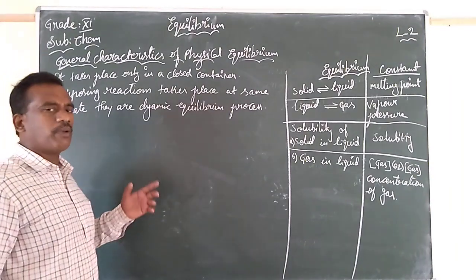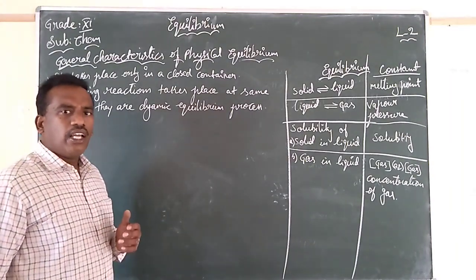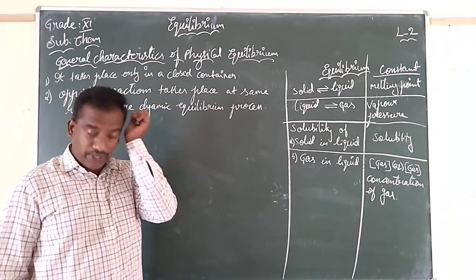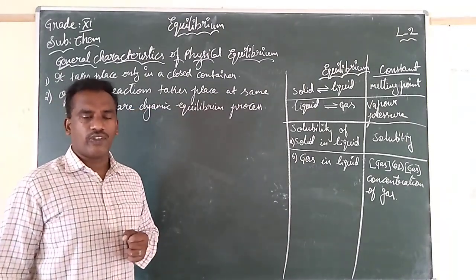What is the dynamic equilibrium? When the rate of forward reaction is equal to the rate of backward reaction, happening at the same speed, we say it is at the dynamic equilibrium.